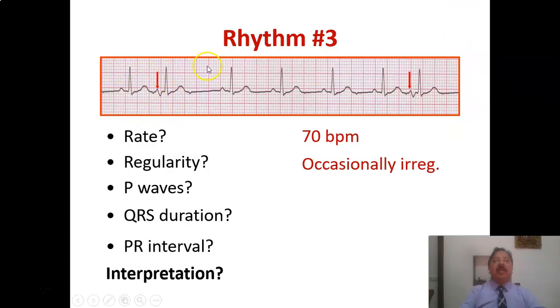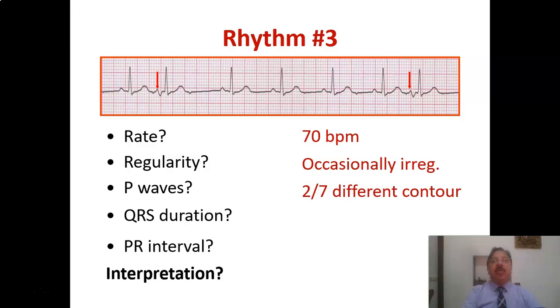Here you see it's irregular. P waves, just look at the shape of all the P waves and their relationship with the QRS complexes. 2 P waves out of 7 are of different contour. The P waves at complex number 2 and 7 are of different shape.